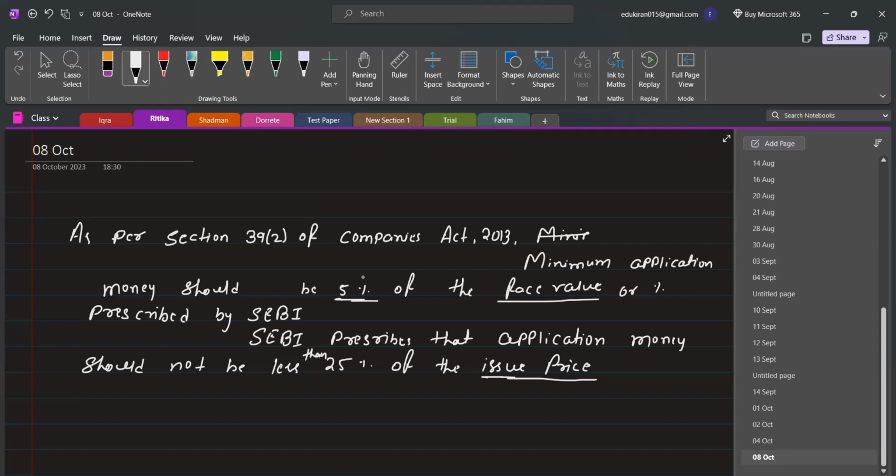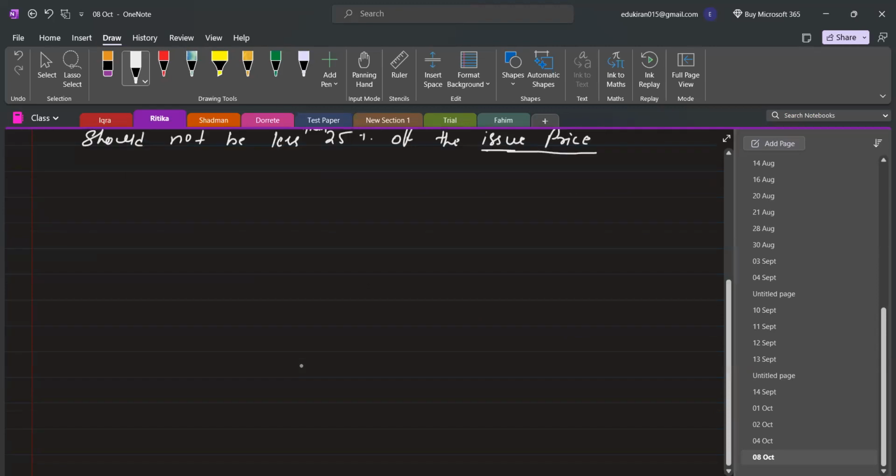Now, in lump sum method, there can be a call scenario or not? No. It cannot be.